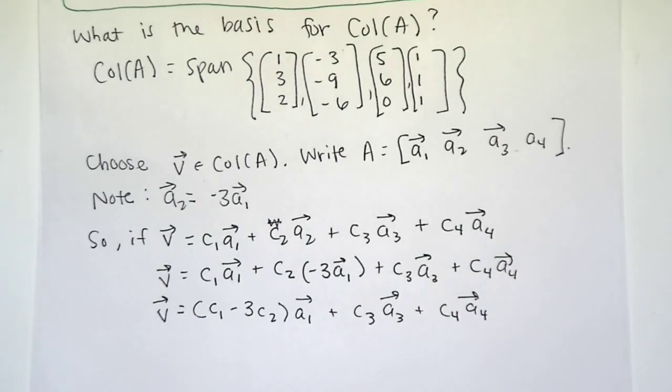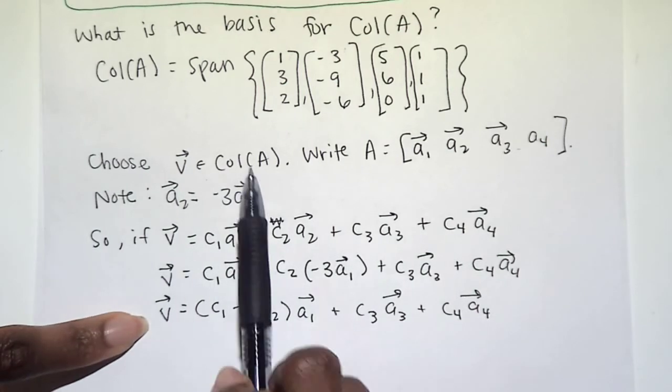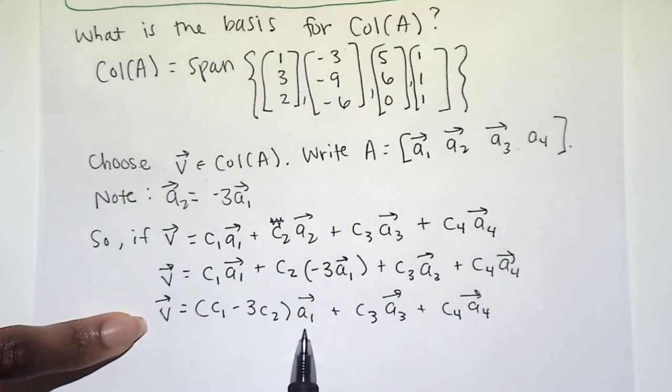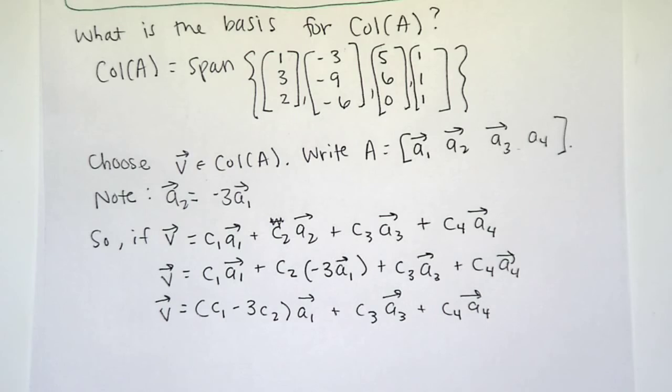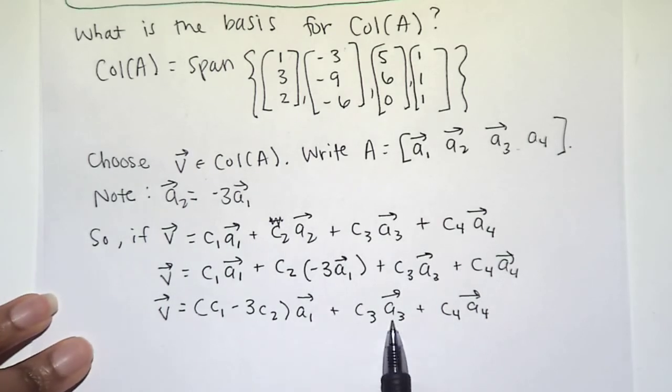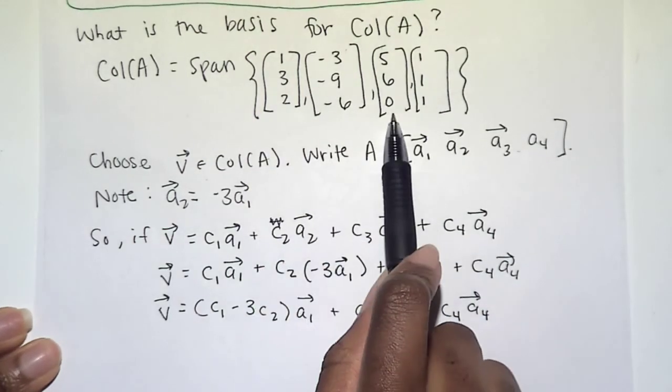Make sure you pause this to make sure that this all makes sense to you so far. So what does this tell us? We are able to write v, which is in our column space, as a linear combination of only 3 of those vectors in A. Does that make sense? So A1, A3, and A4, not all 4 of them.